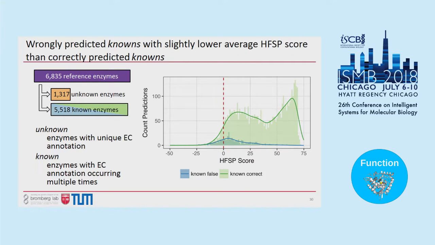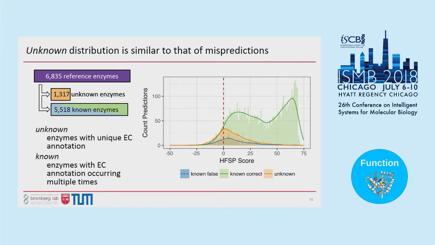Secondly, the known enzymes that are wrongly predicted tend to have, on average, a lower HFSP score than those that are correctly predicted, which is a good thing. The unfortunate thing is that if we now add our unknown enzymes, we cannot really distinguish the unknown enzymes from the mispredictions.